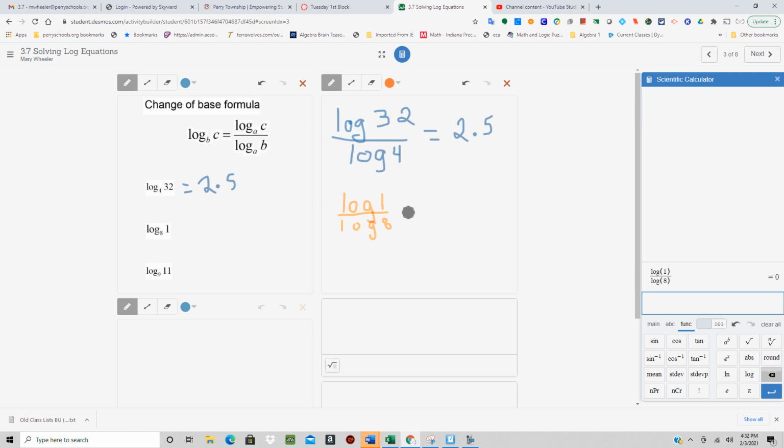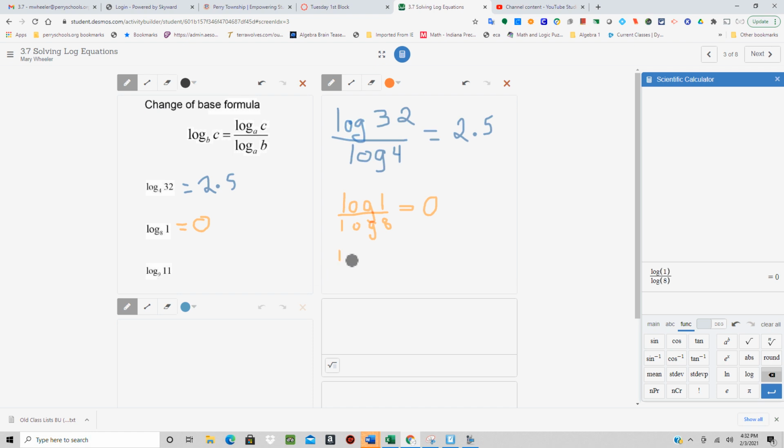And I get 0. And I will tell you right now, if you take the log of 1, no matter what your base is, it's 0. And on the last one, I have log base 9 of 11.